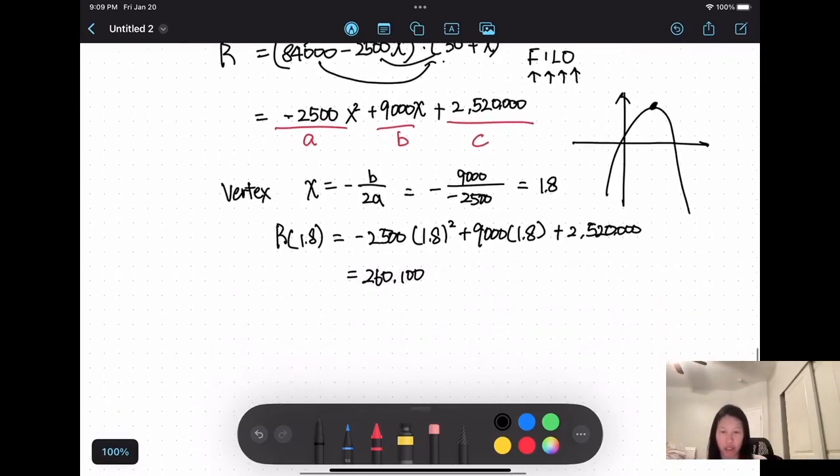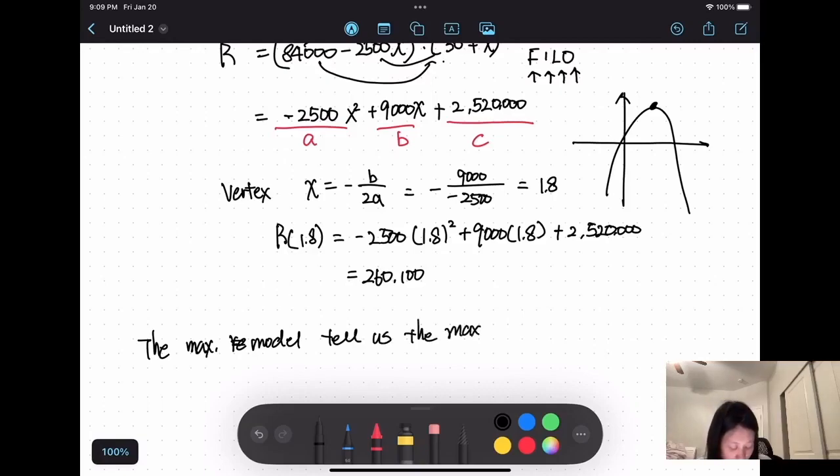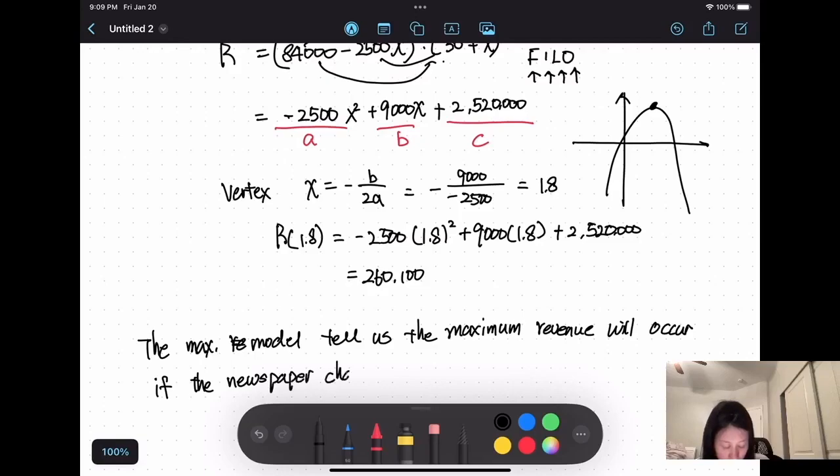So how can we summarize it? The model tells us that the maximum revenue will occur if the newspaper charges $31.80 for a subscription.